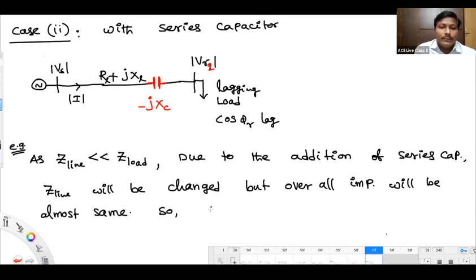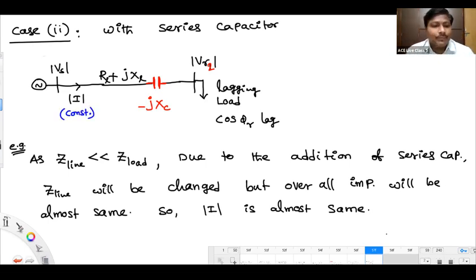So the magnitude of current is almost the same even after adding that series capacitor. It will be almost the same value, we can say constant. Now I can take up this mod Vs minus mod Vr2 expression.